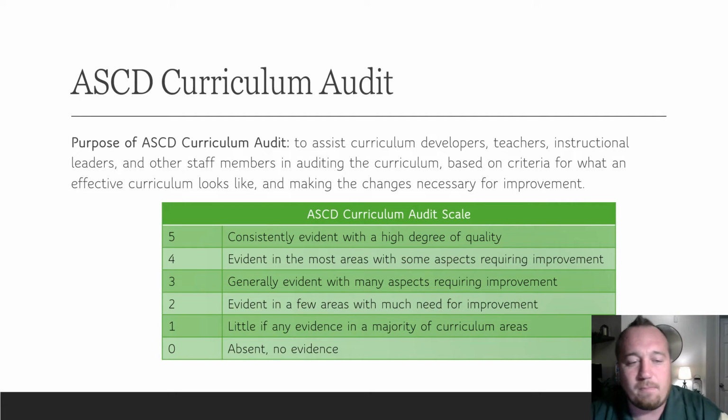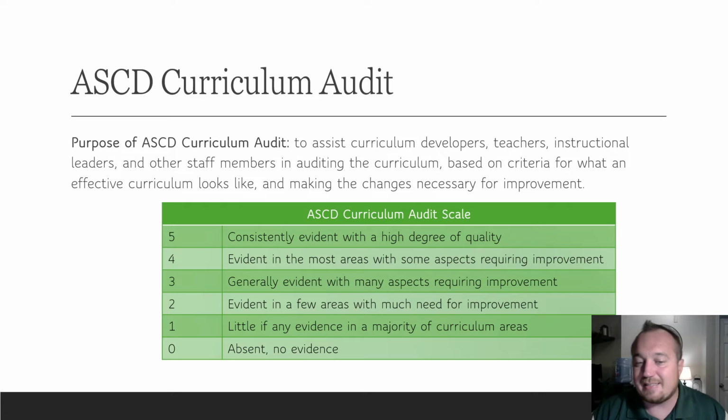Our last and final piece is the ASCD curriculum audit. The purpose of the ASCD curriculum audit is to assist developers, teachers, instructional leaders, and other staff members in evaluating curriculum based on what an effective curriculum looks like and making the changes necessary for improvement.